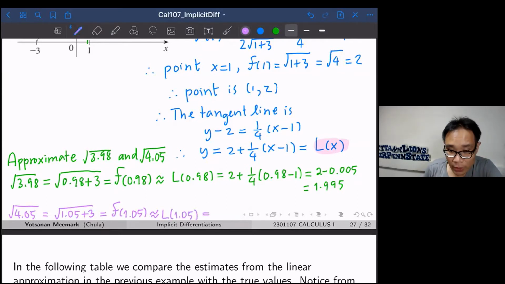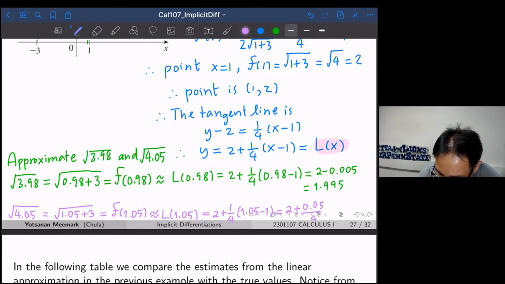And this guy is about L(1.05). So you're going to estimate by 2 plus 1 quarter, and you have 1.05 minus 1. So it's going to be 2 plus 0.05 over 4.